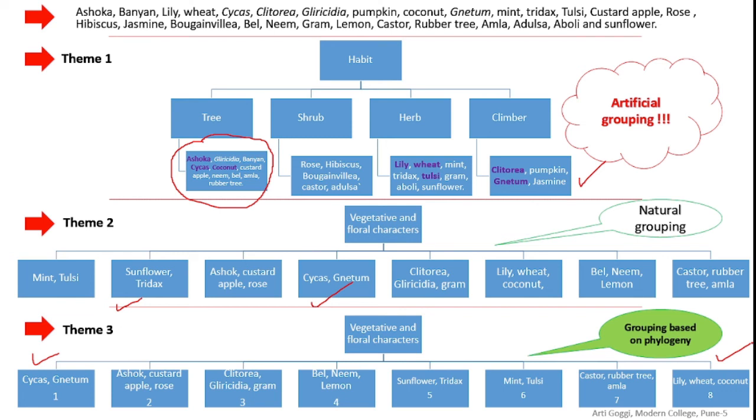So I have moved from artificial to natural and natural to phylogenetic. Phylogenetic systems of classification are natural as well as based on the evolutionary concept. Now I hope you have understood how systems are reformed, revised and improved by considering more and more characters.